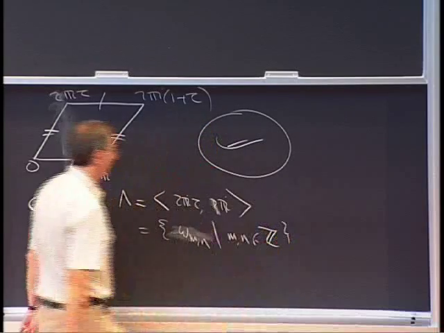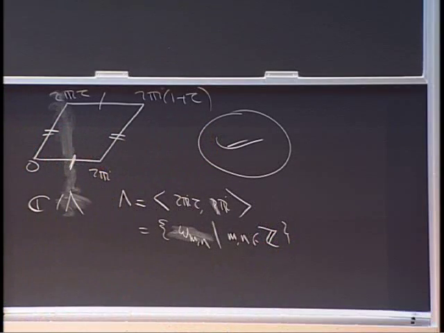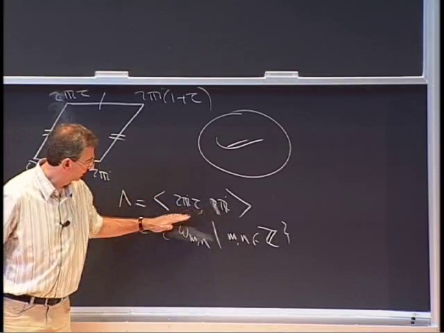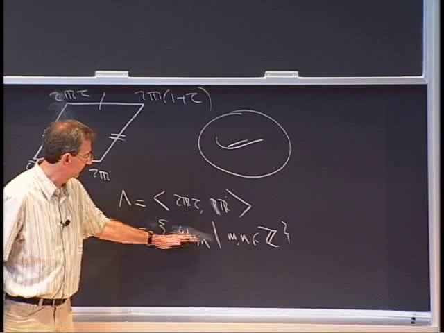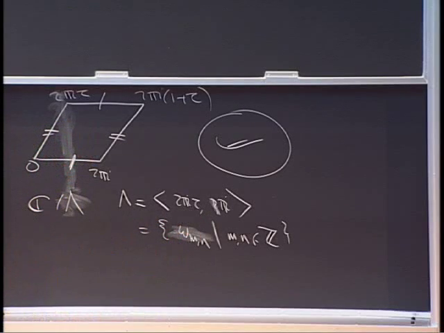That generates a lattice, and this identification is the same as what I was talking about a moment ago. Of course, you can choose different bases for this lattice, which corresponds to a choice of different generators for the space. When you do that, that corresponds to what's called a modular transformation. I'll come to that in a moment.